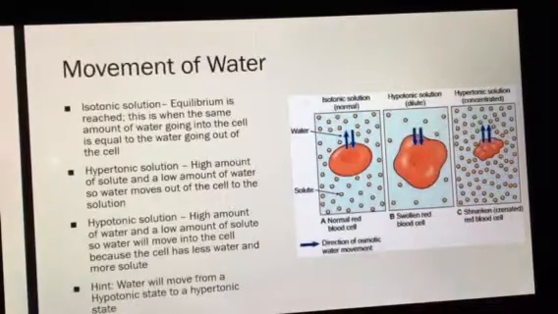Okay, so tomorrow you are going to do a lab called the Gummy Bear Lab, and you're going to kind of recreate some of these scenarios. You're going to watch a video. In that video, you have to talk about your isotonic, hypotonic, and hypertonic states, and you are going to then recreate that video.